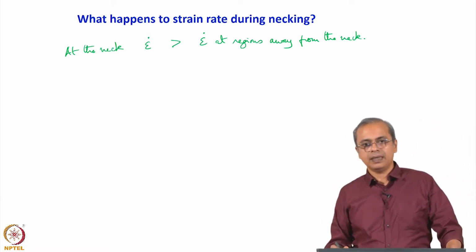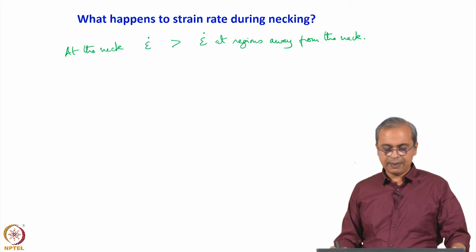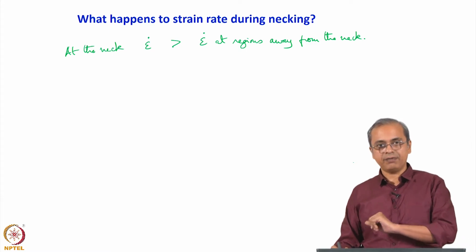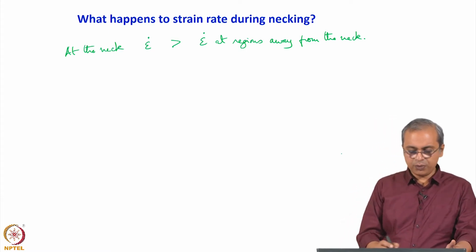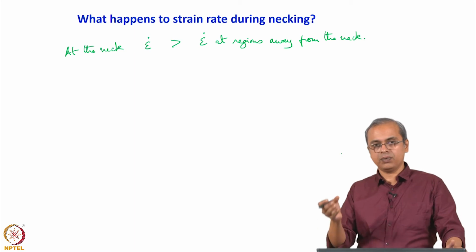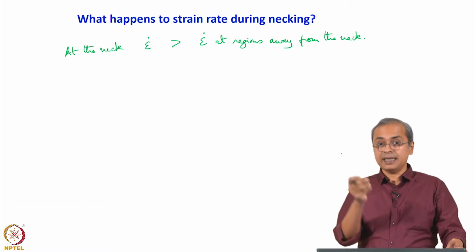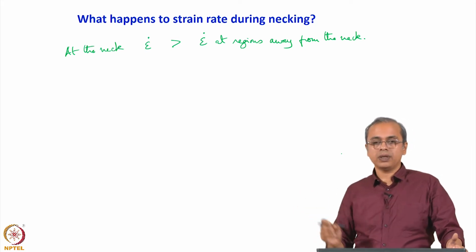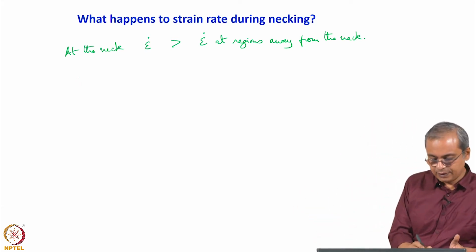Okay. So, the epsilon dot which is happening at the neck is greater than the epsilon dot occurring at regions away from the neck, and that has got simply to do with the fact that the region has become thin, stress is actually higher there, and the strain is no longer uniformly distributed.